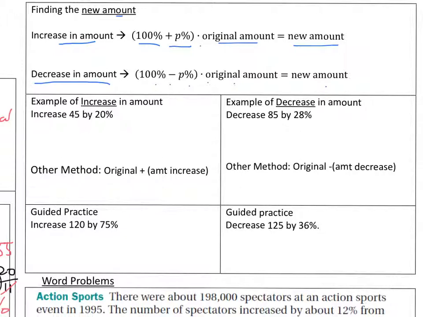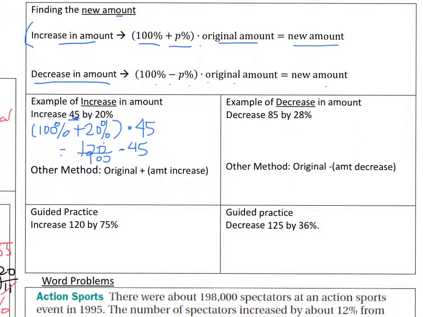For example of increase in amount, I can use this equation. So I can take 100%, add 20%, multiply that by 45, which is the original amount. So I get 120 over 100 times 45.